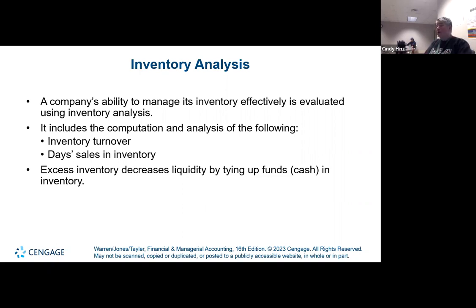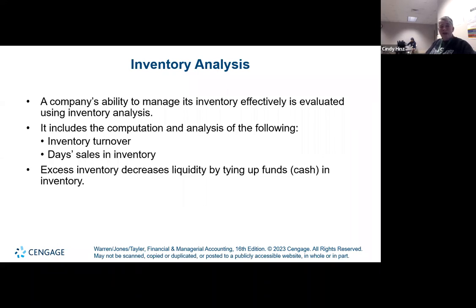At a minimum, we have those inventory carrying costs because we had to pay for the inventory, we have to store the inventory, we have to protect the inventory, and all of that takes time and money for the company. And so having the right amount of inventory is really critical to the management of the company.